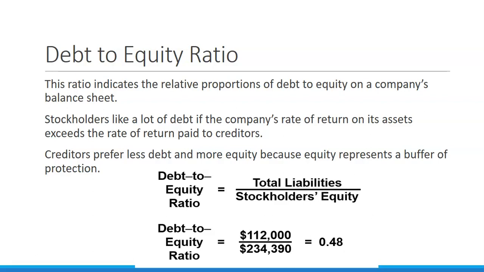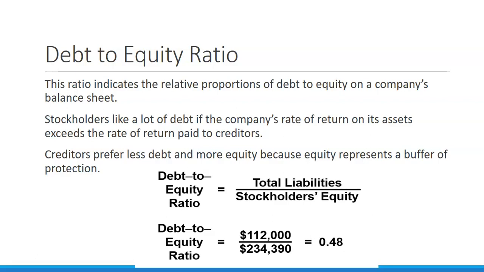Of course, if we're looking to finance something or borrow money, the bank that's going to be loaning us money prefers that we have less debt and more equity. Stockholders prefer debt if the company's rate of return on its assets exceeds the rate of return paid to creditors.